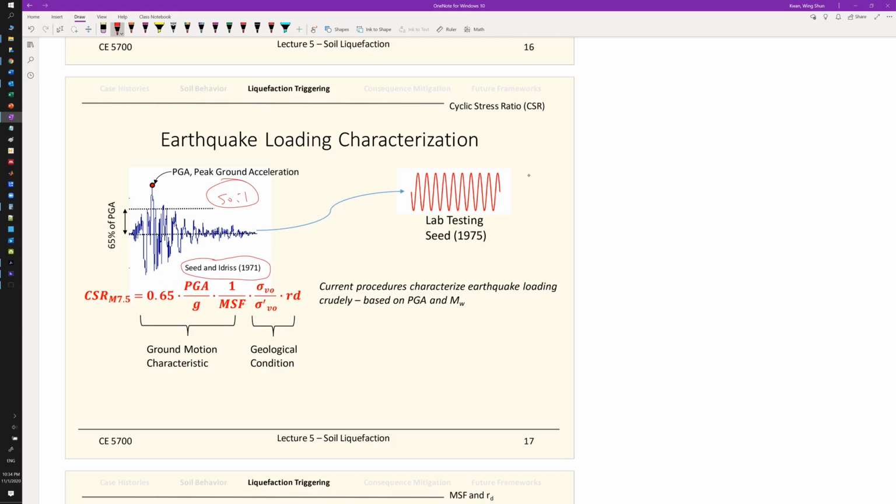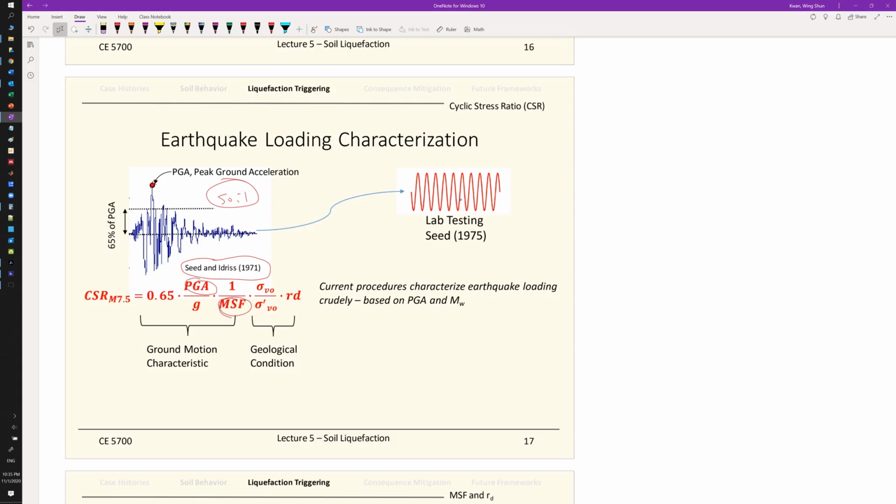So that's why we need to do the site response analysis to find out the response of the acceleration time history at shallow ground. After you have that acceleration time history, you can identify the maximum point, and take that as the PGA. You normalize it by g over here, and then multiply by 0.65, divided by the magnitude scaling factor.